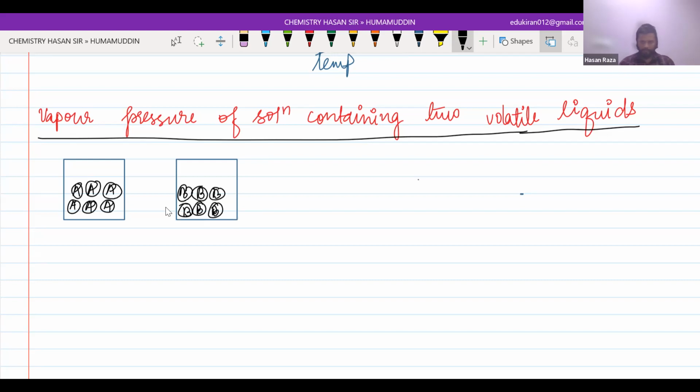That means both will be converted into vapor and both vapors will exert pressure.